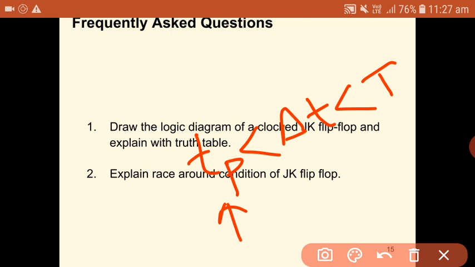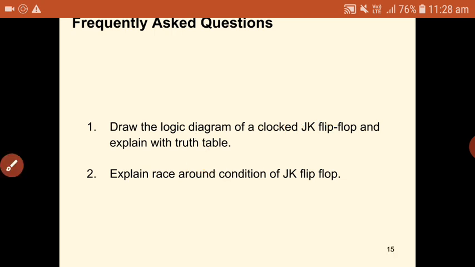It should be less than the propagation delay of the flip flop, and that propagation delay should be less than the time period of the clock pulse applied. This is the main condition for avoiding or eliminating the race around problem.